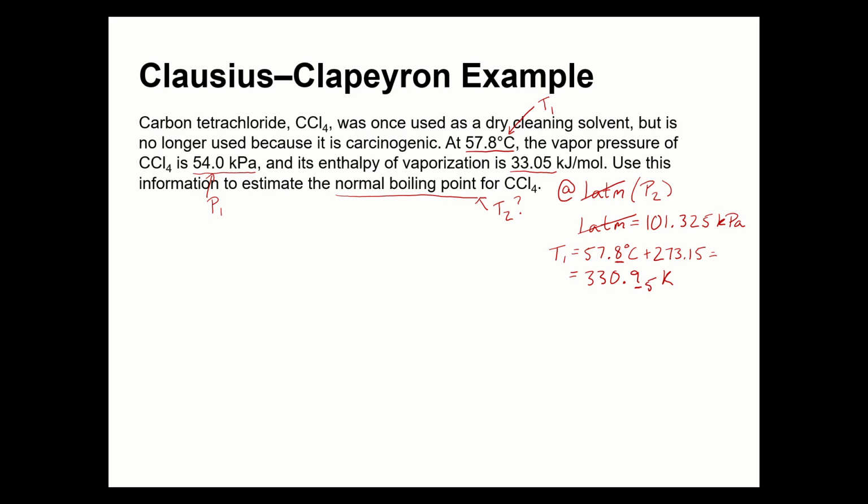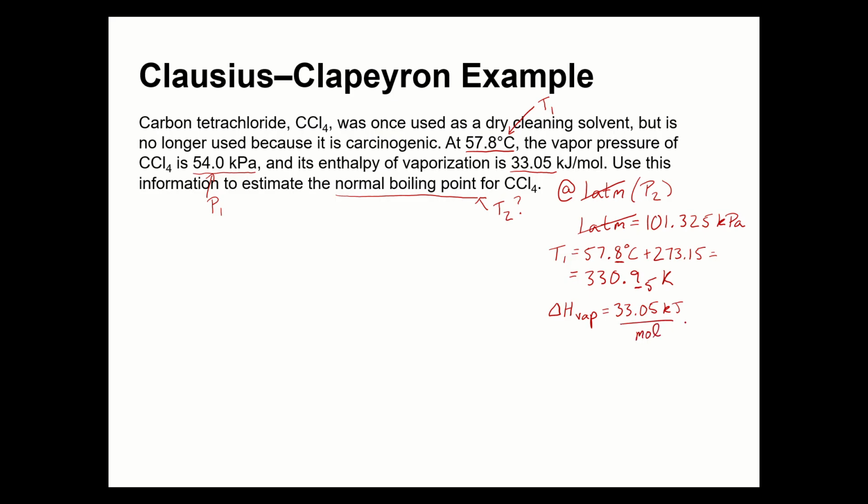Now, another thing that we want to go ahead and convert is that enthalpy of vaporization. So notice how the first thing I'm doing is I'm just getting everything in the units that I need. I need the pressure units to match up, I need temperature to be in Kelvin, and I need that delta H value to be in joules per mole instead of kilojoules per mole. Okay, so we know that it's 33.05 kilojoules per mole.